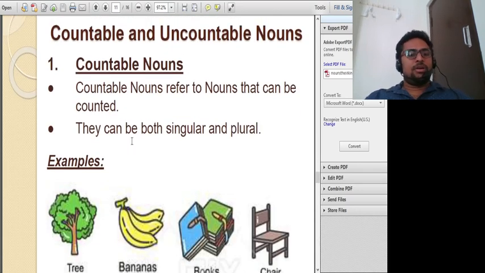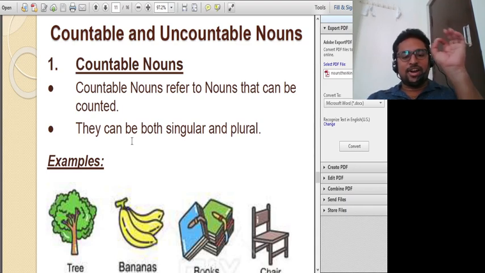Let's go to countable and uncountable nouns, based on the form. Till now we have discussed, based on the meaning, common nouns divided into several types: concrete noun, abstract noun, material and collective.